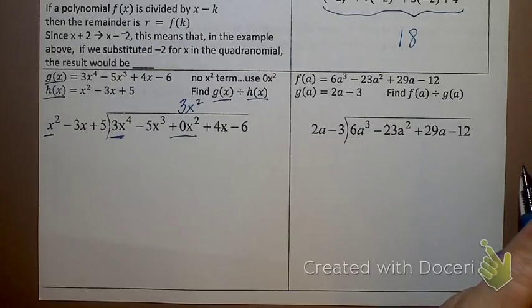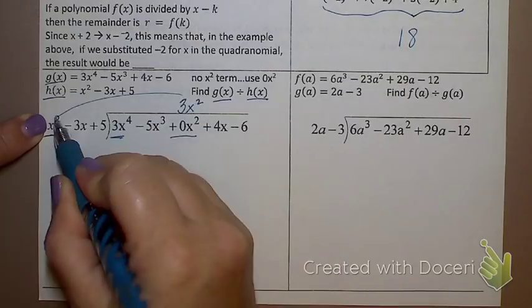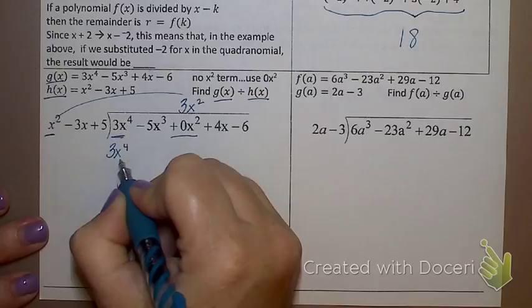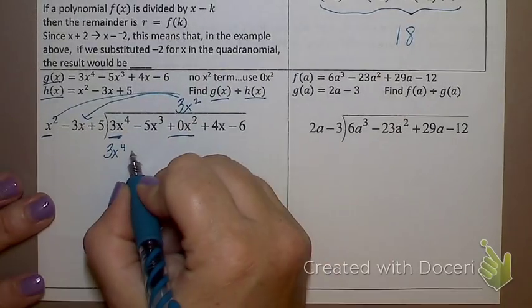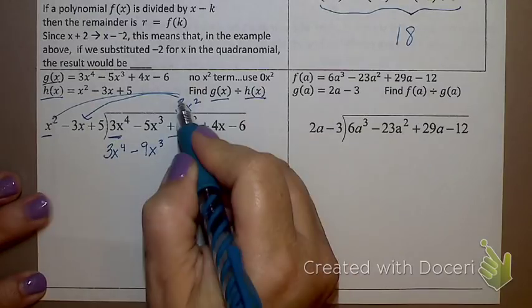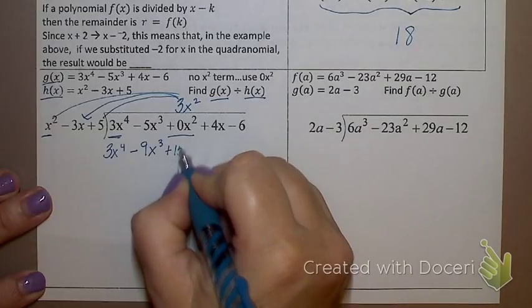What do I do now? Distribute. 3x squared times x squared would be 3x to the 4th. That's good because I'm going to want those to cancel. 3x squared times negative 3x is negative 9x cubed. And 3x squared times 5 is 15x squared.